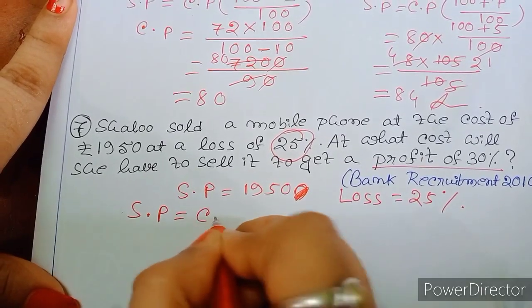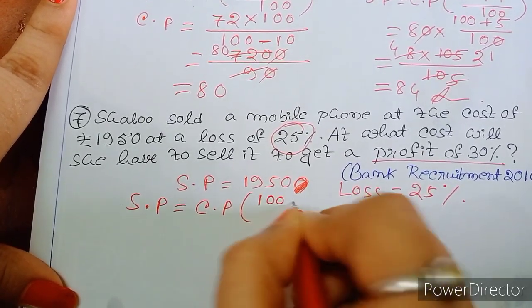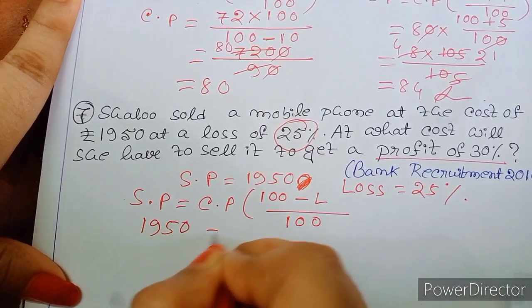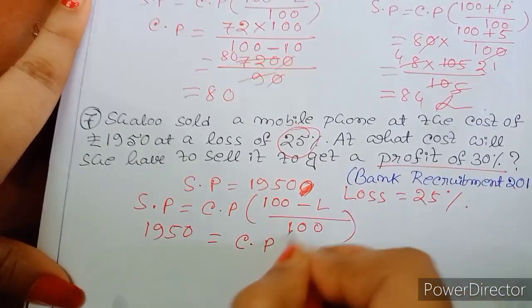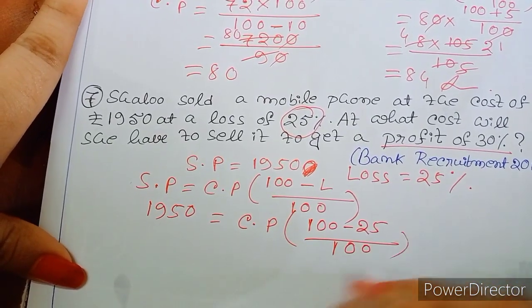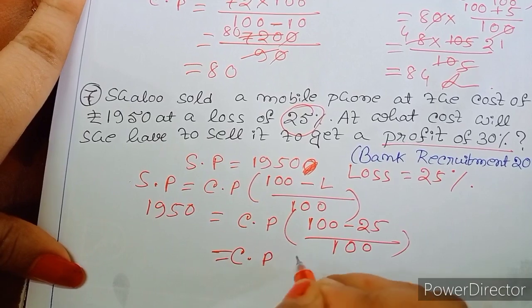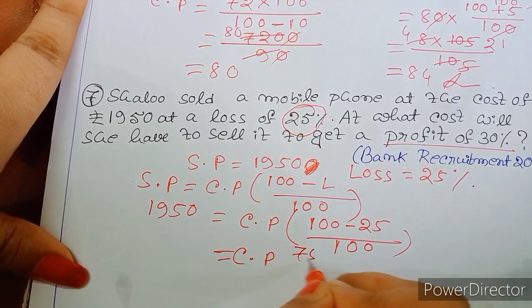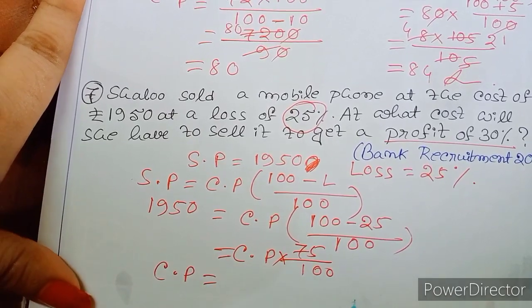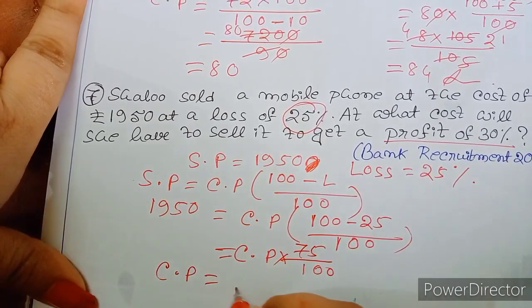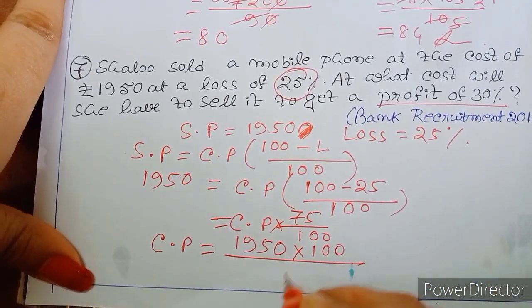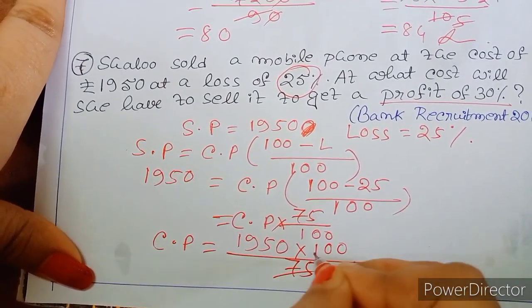Selling price equal to cost price into 100 minus L by 100. So 1950 equal to cost price into 100 minus 25 by 100. So 1950 equal to cost price into 75 by 100. So cost price equal to 1950 into 100 by 75.